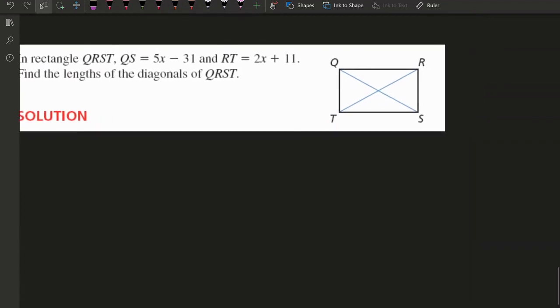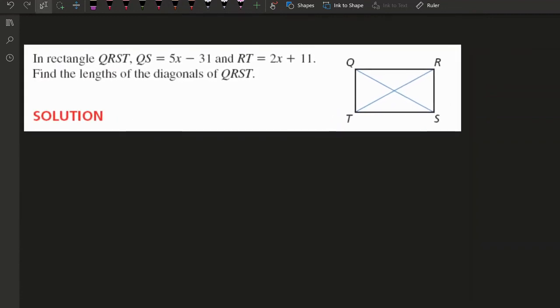Okay, so in this rectangle QRST, QS is equal to 5x minus 31, and RT is 2x plus 11. Find the lengths of the diagonals of QRST. Well, I know that QS and RT are the diagonals, and I know that in a rectangle the diagonals are congruent, so I can just say 5x minus 31 is equal to 2x plus 11.